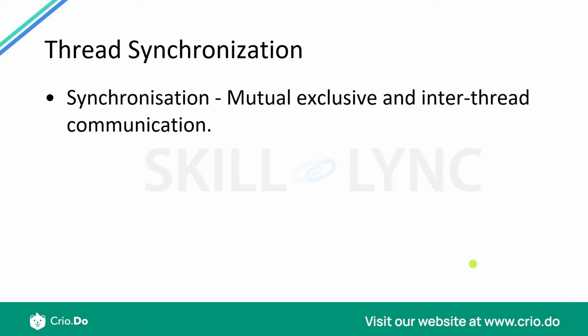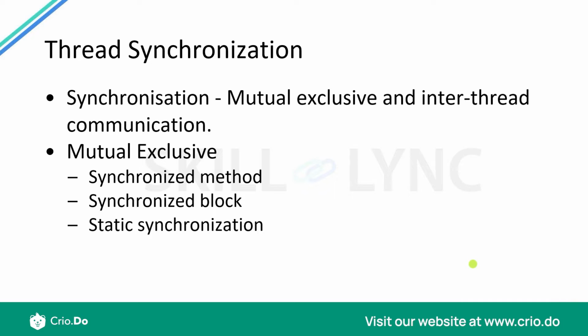Now, synchronization would make our threads mutually exclusive, so there's no dependency between multiple threads. We want our threads to be mutually exclusive. And it also helps with inter-thread communication. To make a particular shared resource or a number of lines of code mutually exclusive, we have 3 methods.